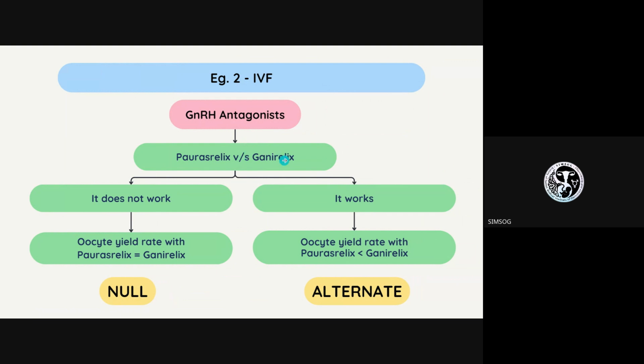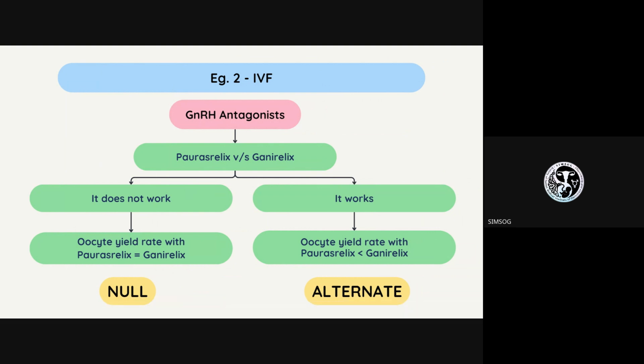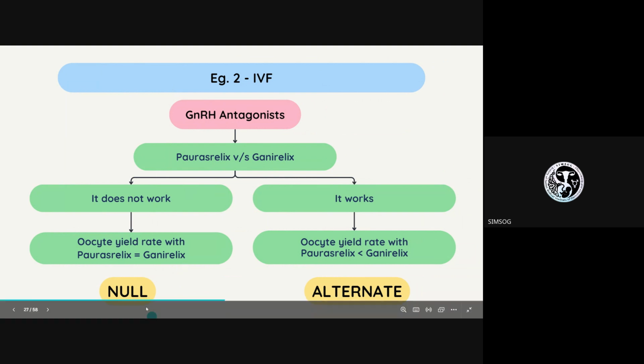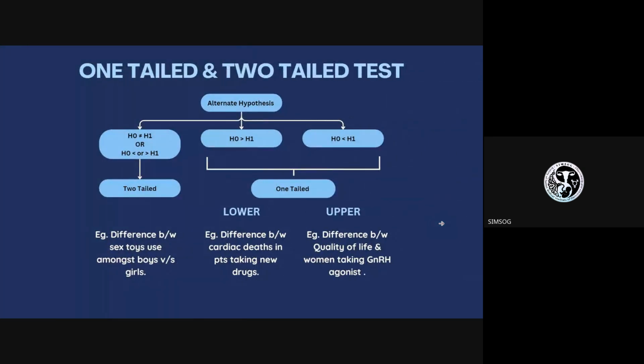So let's say we compare it to Gani relics. So the two options would be does not work or it works. If it does not work, the oocyte yield rate would be similar, and hence our statistical tests would give a value which would prove or accept the null hypothesis, and the other way around if the oocyte yield rate is different. So that's about those examples.